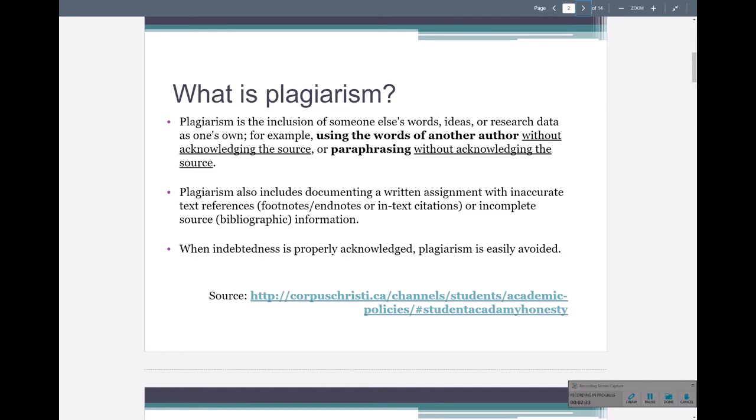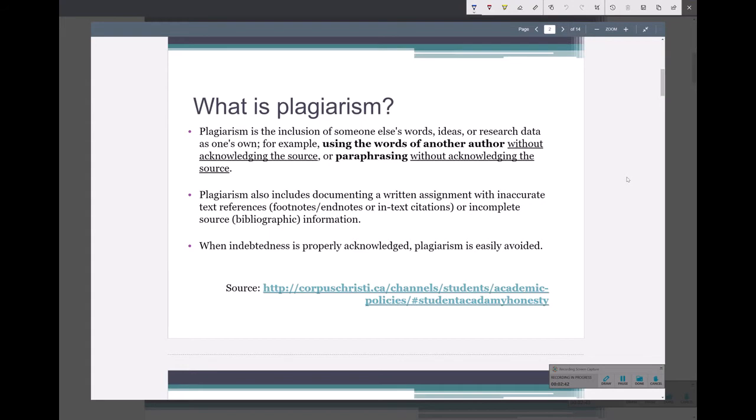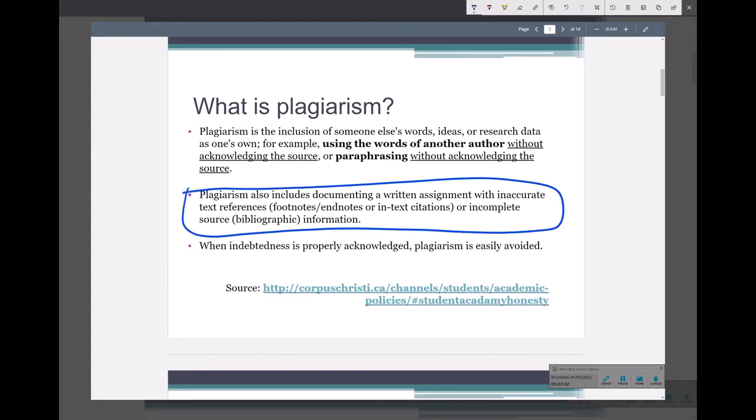So another area where you could plagiarize is when you provide references but they don't match or they're inaccurate.